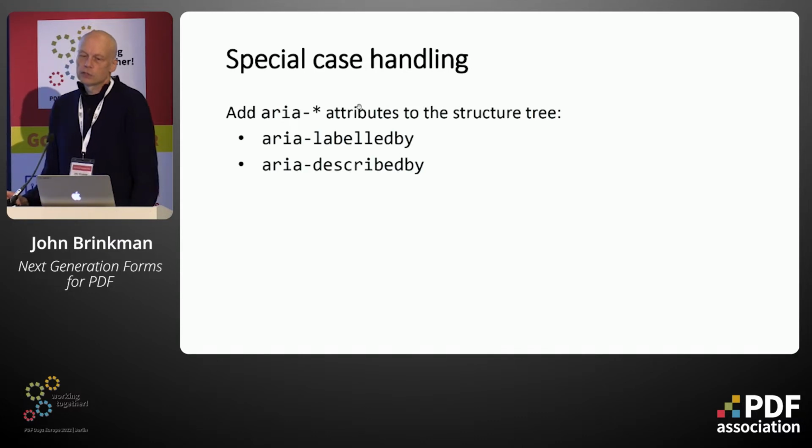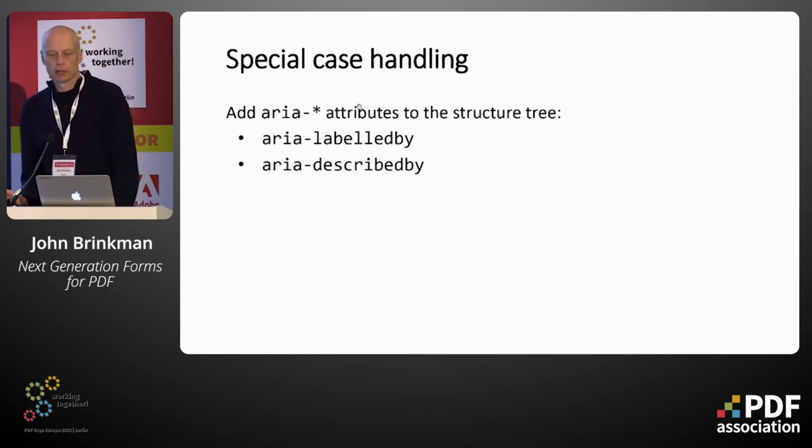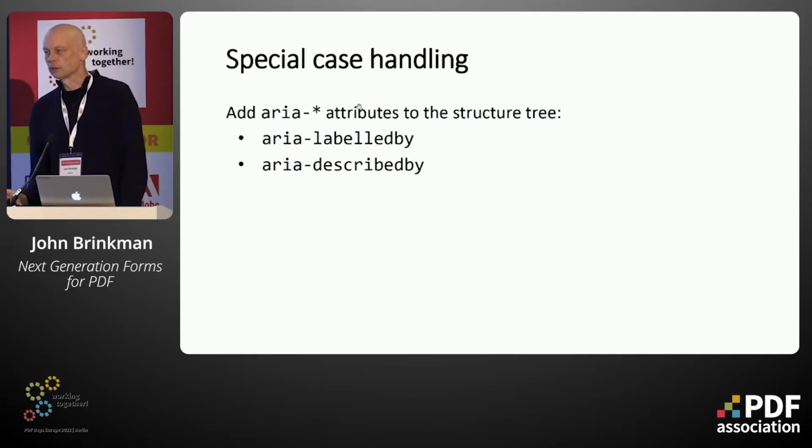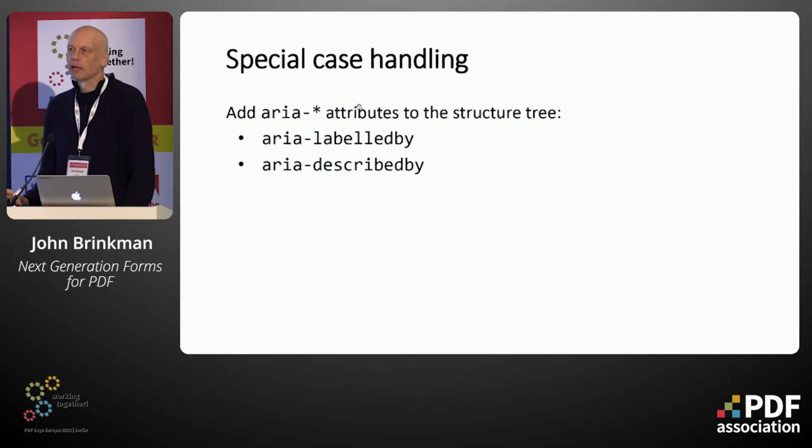For all these, we looked to HTML, and they have ARIA attributes that you add to your HTML markup, and it describes these situations for the screen reader. So the intent is that we do the same. We can attach these attributes, these properties, into our structure tree to convey that same information to the screen readers.